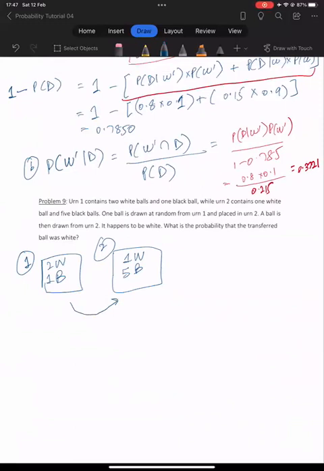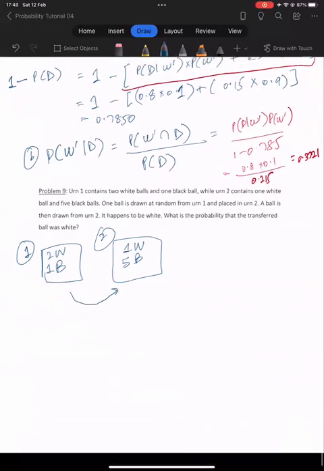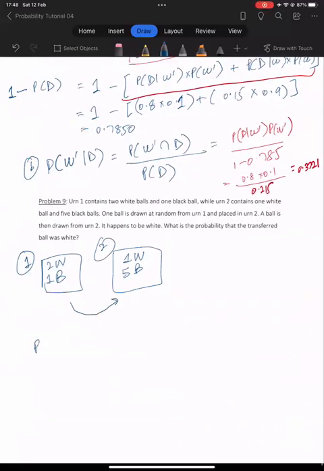A ball is then drawn from urn 2. It happens to be white. It's given that the ball is white. Ball is white from urn 2. What is the probability that the transferred ball was white? So, ठीक है.